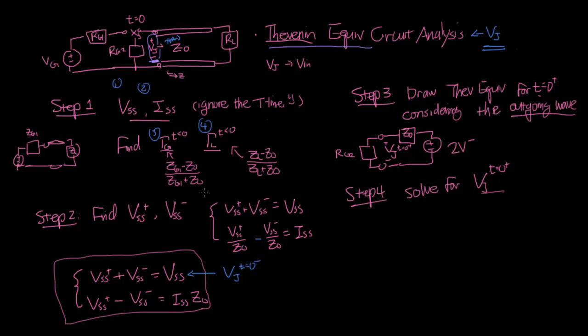So once you have this Vj at t equals 0 plus, the difference is going to be the new wave that's sent into the transmission line.